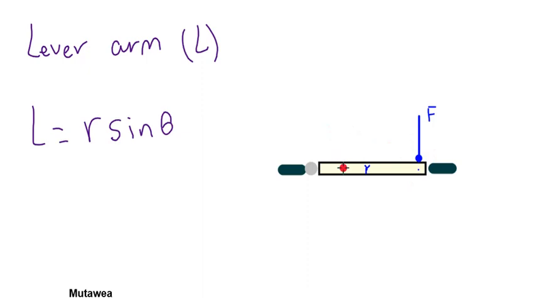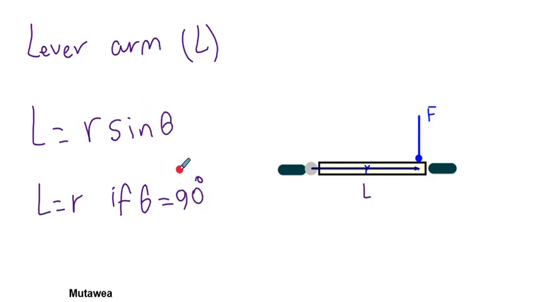We can see that the lever arm in this case is from the axis of rotation to this point. This is L, which in this case equals R. So L equals R if theta equals 90 degrees, and sine 90 equals 1. In this case, L equals R.